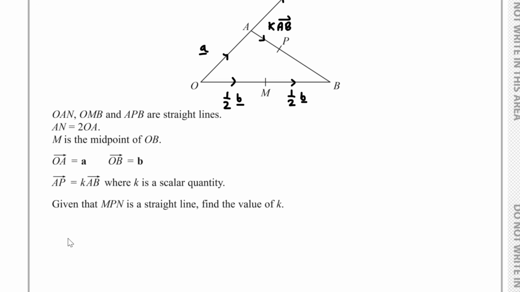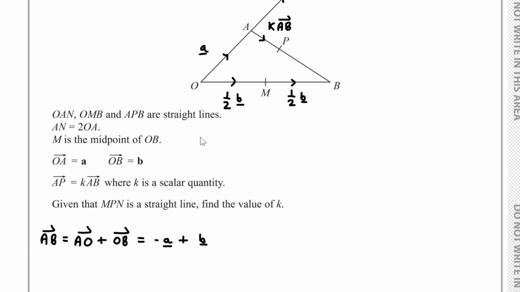Well, first of all, if we find out what the vector AB is, the vector AB starting at A, finishing at B, that's equal to AO, which is, well, let's just write this down. We've got AO plus OB. So we've got AO, which is minus a, and then we've got OB, which is positive b.